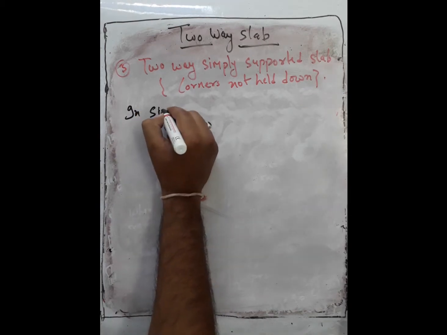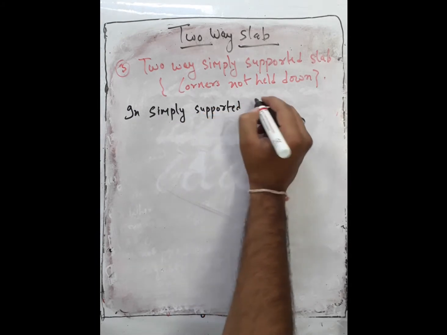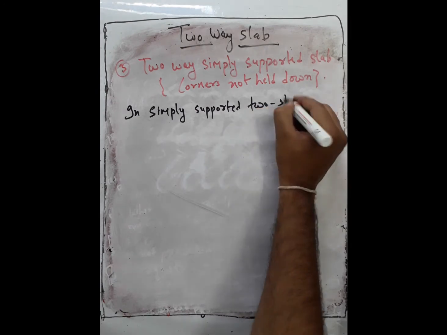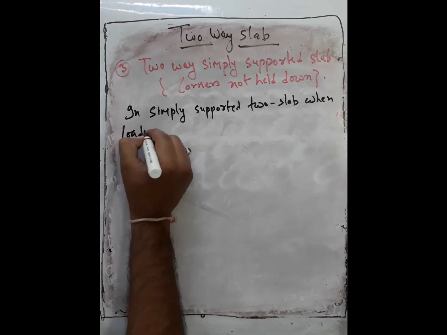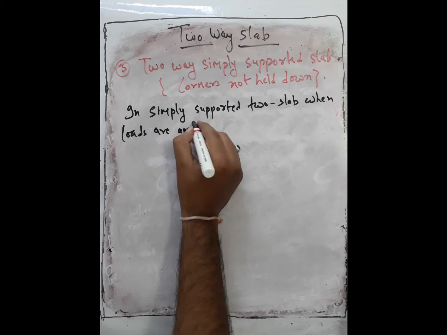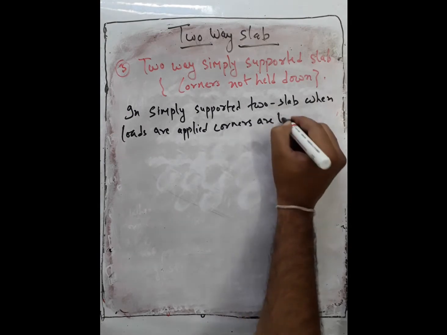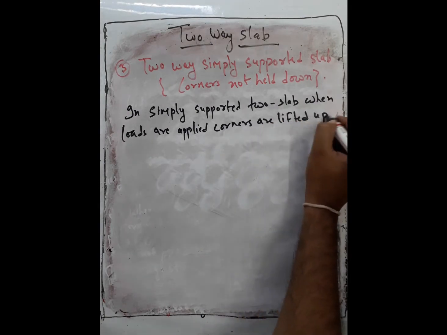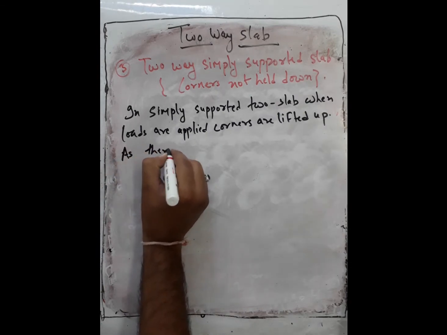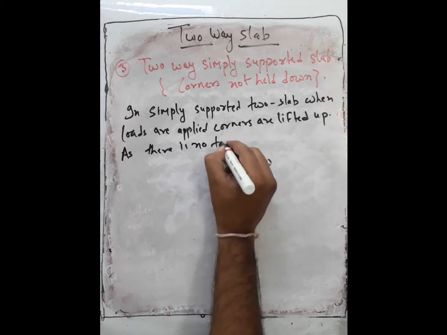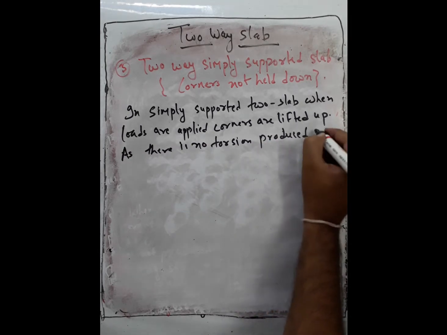In simply supported two-way slab, when loads are applied, corners are lifted up as there is no torsion produced in the corner.